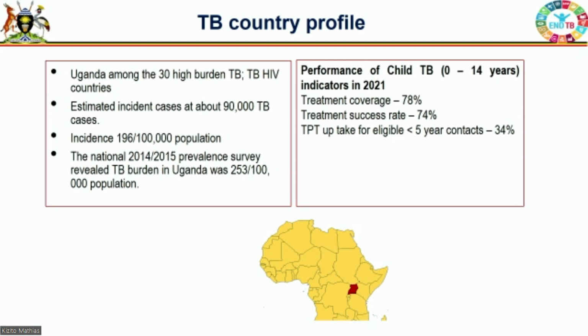So we are currently at 78% treatment coverage. This refers to the proportion of children that are diagnosed and started on treatment out of those that are estimated. The success rate is 74%, and TPT uptake for eligible under 5 contacts is low at 34%.